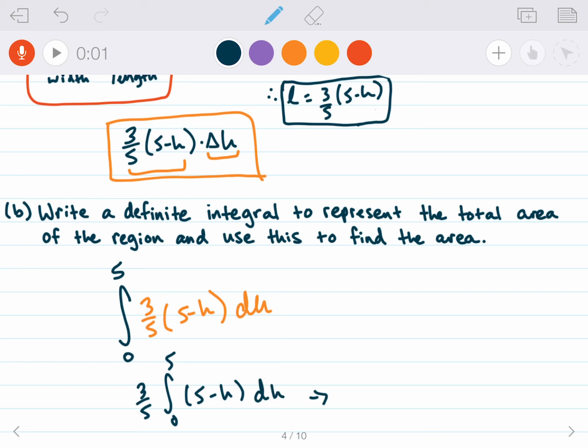So 5 minus h with respect to h, when we find the antiderivative, is just 5h, then minus h squared over 2, and we're integrating from 0 to 5.